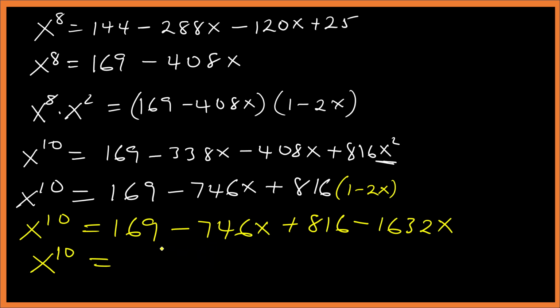So we have 169 plus 816, that will be 985. Then minus 1632x, and they are negative, so let me put them together with 746: 2378x.